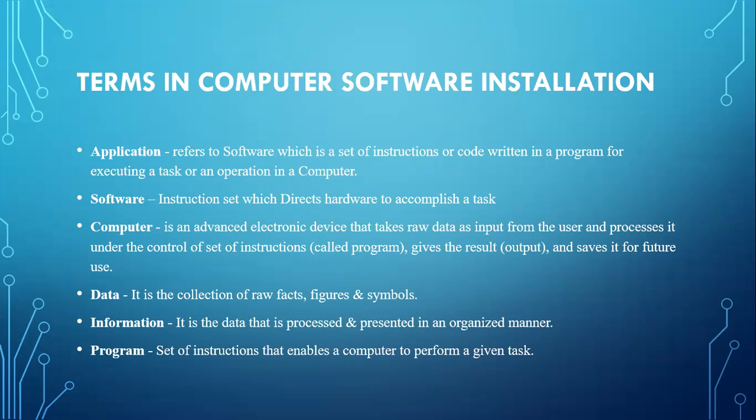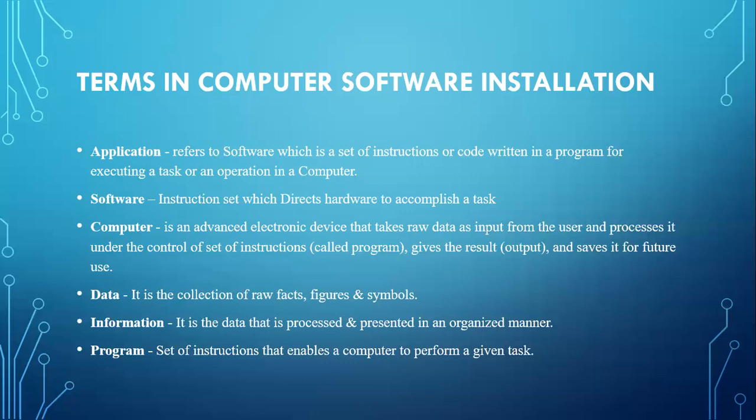We also have the term computer, and computer is an advanced electronic device that takes raw data as input from the user and processes it under the control set of instructions, which are the program, and gives the result, which is the output, and it saves it for future use.